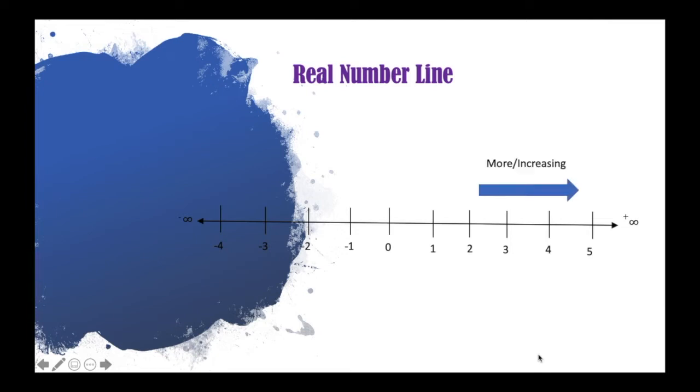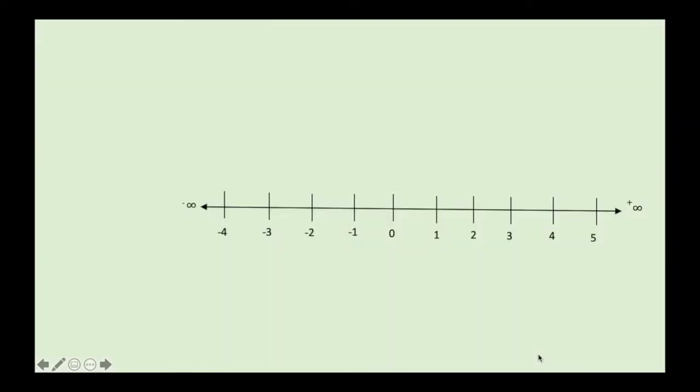When we move to the right of 0 towards positive infinity, we are said to be increasing in value. Conversely, moving further to the left of 0 gives us a decrease in the value of whatever quantity we are discussing. So let's see if we can put this concept into practice.